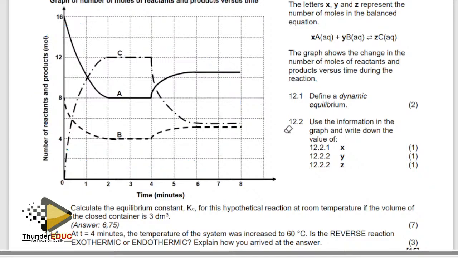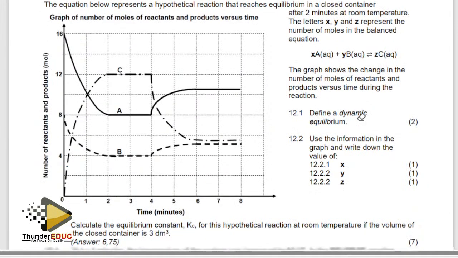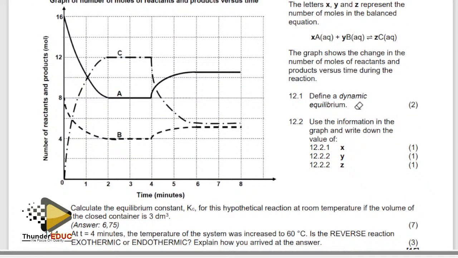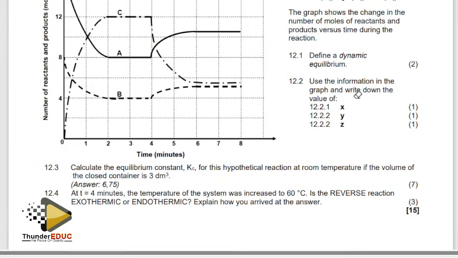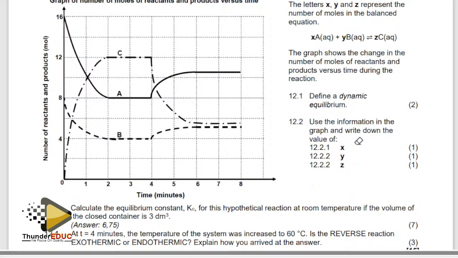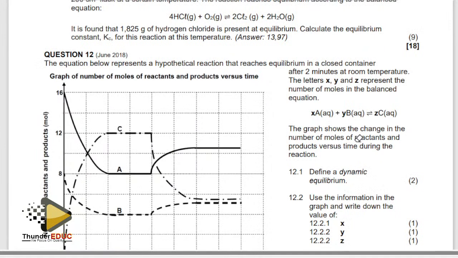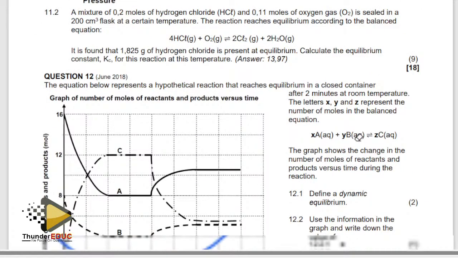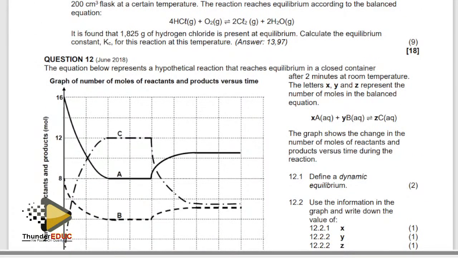Now, if the question comes like this, what is dynamic chemical equilibrium? Okay, dynamic equilibrium. Use the information, the graph, write down X, Y, and Z. So you have to read here. The equation below represents the hypothetical reaction of equilibrium. After 2 minutes at room temperature, the X, Y, and Z represent the number of moles in the balanced equation.